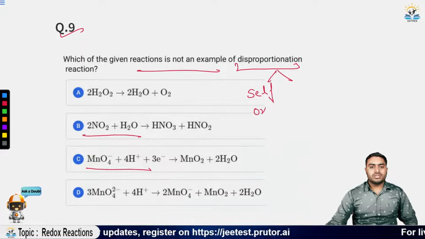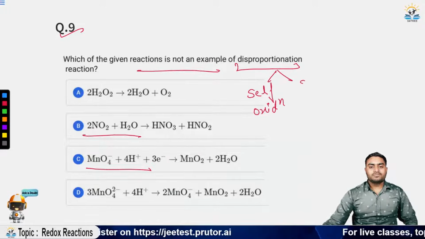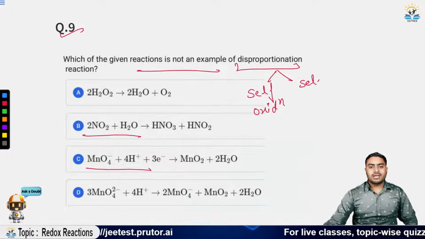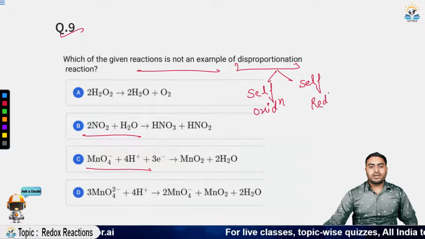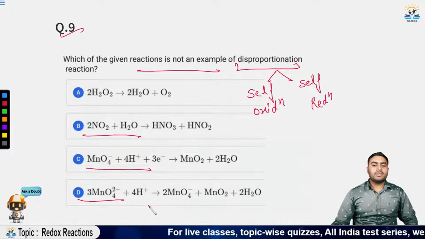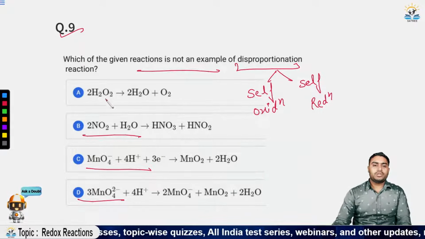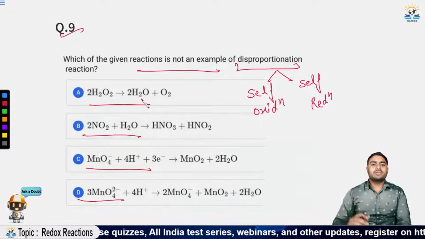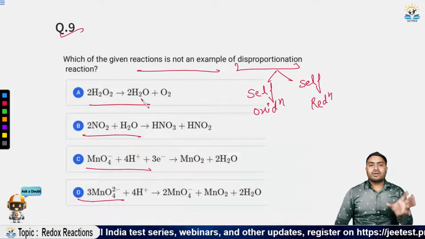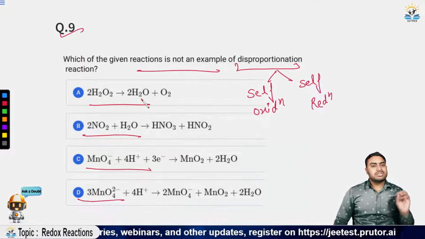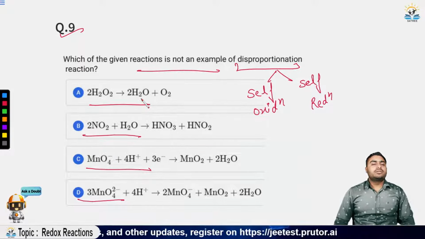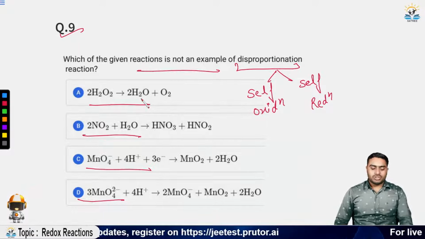Only you have to use this concept. 3MnO4 2- plus 4H+ gives 2MnO4- plus MnO2 plus 2H2O. You have to check the species. If the species itself undergoes oxidation and reduction both simultaneously, that is known as a disproportionation reaction.